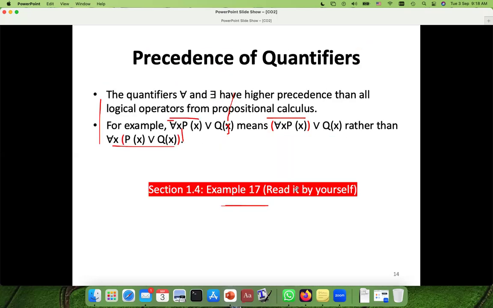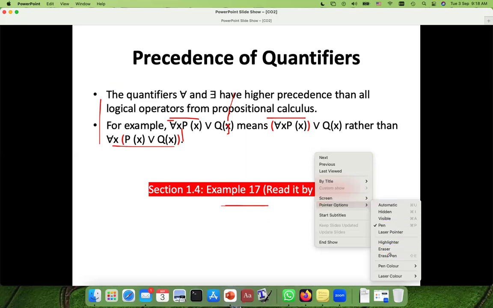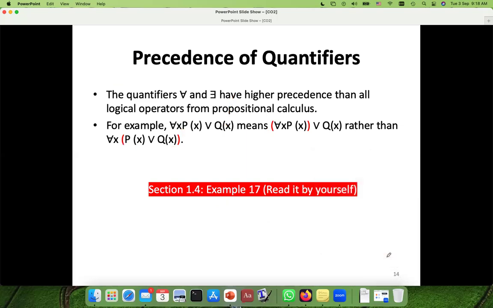Now, I'm going to the previous example to give you the scope of quantifier. Let's see this example. What is the scope? If I ask what is the scope of this universal quantifier, then you will see only this part, because you have to see precedence also.